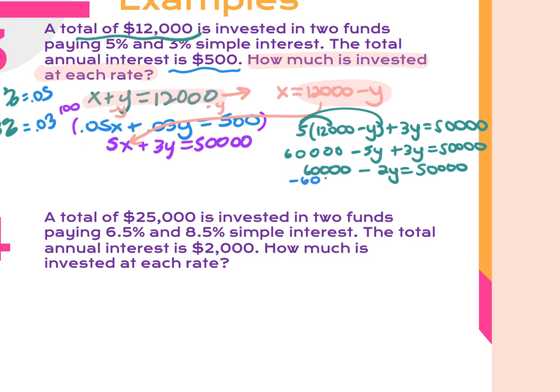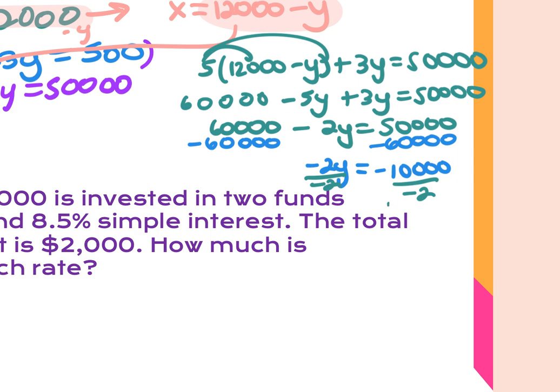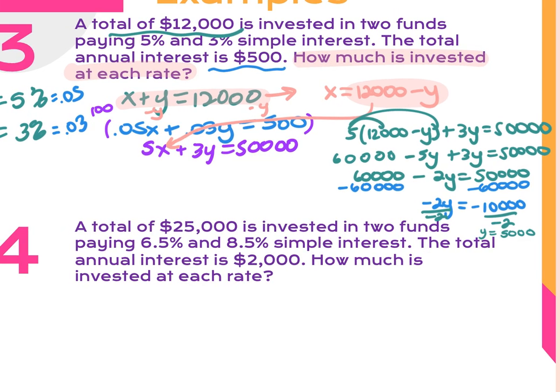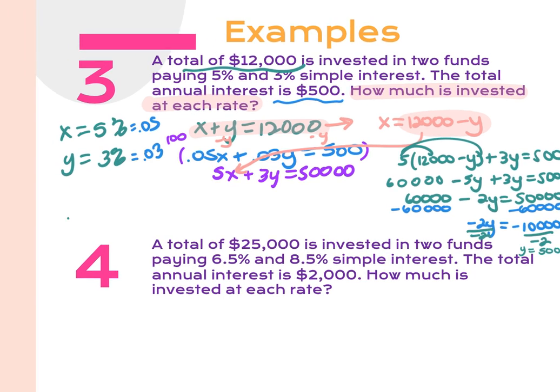Subtract the 60,000. Negative 2Y equals negative 10,000. And then divide both sides by negative 2, and Y equals 5,000. And the Y represented how much, which percent? The 3%. So we invested $5,000 at 3%.